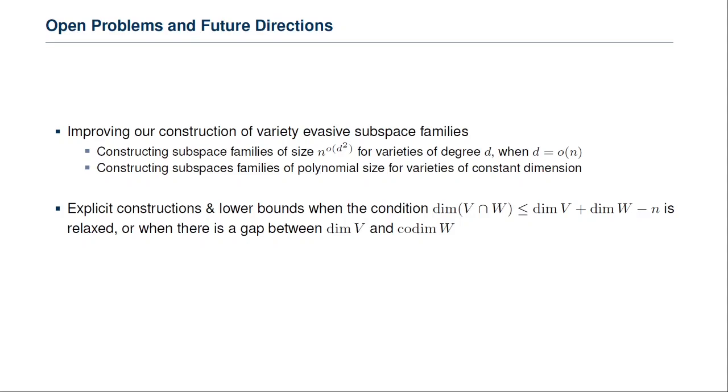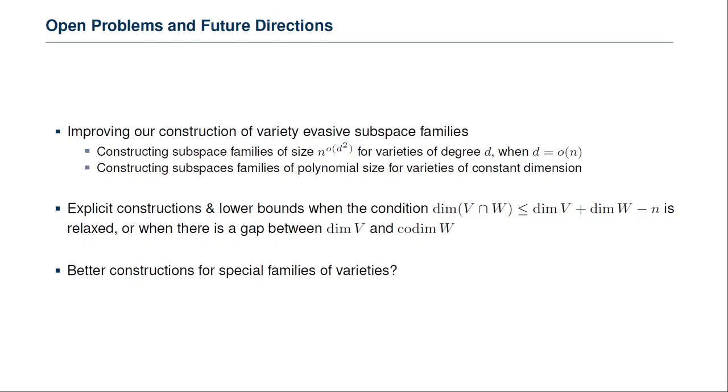Or we could consider a setting where there's a gap between the dimension of the variety V and the codimension of W. And it should be easier to construct variety evasive subspace families if we relax it in this way. So are there better explicit constructions? And also, what kind of lower bounds can we show for such relaxations?